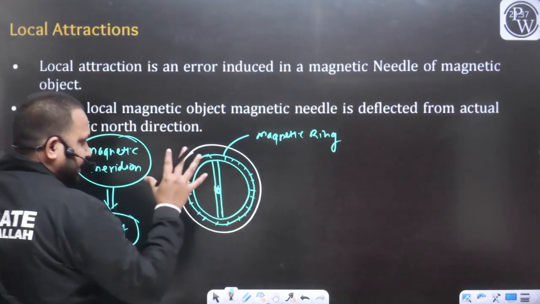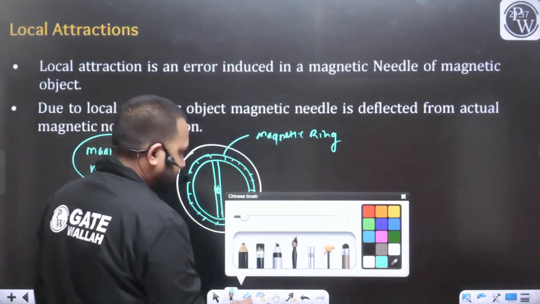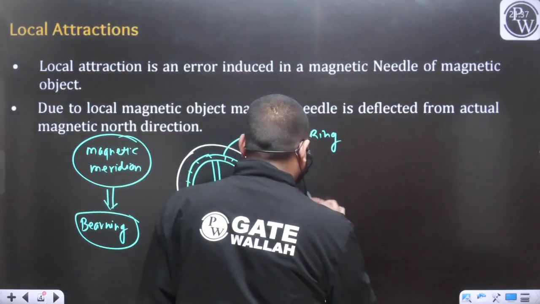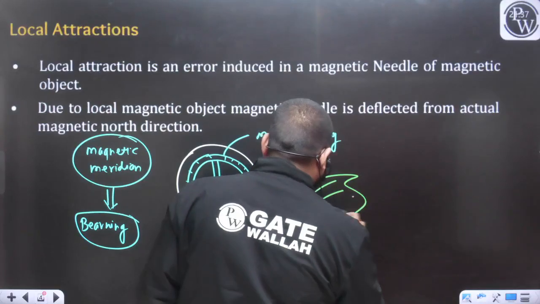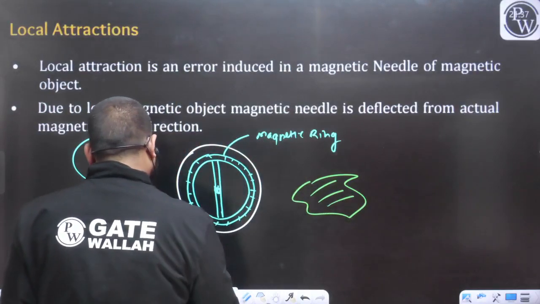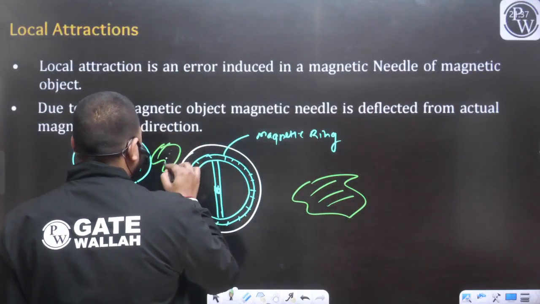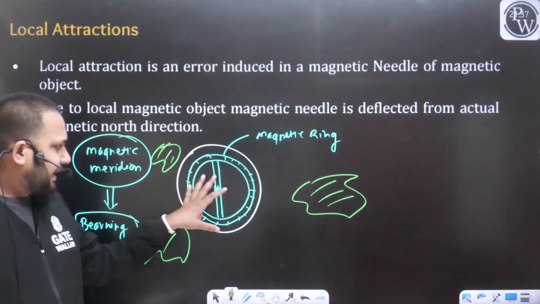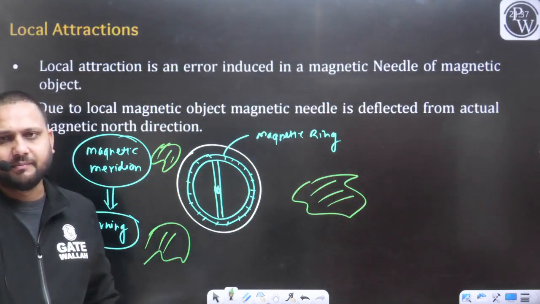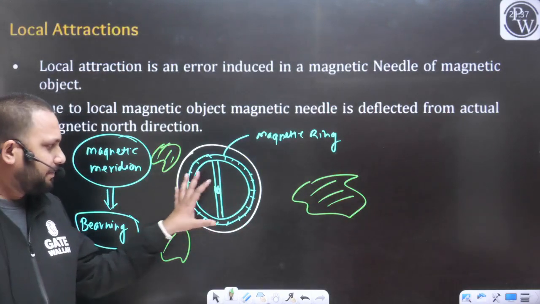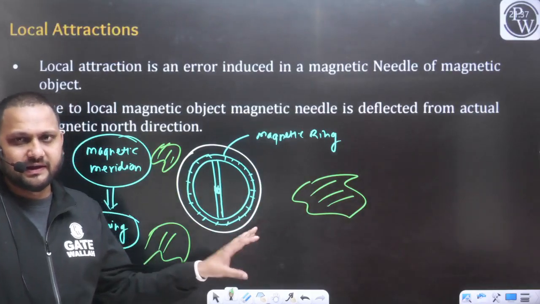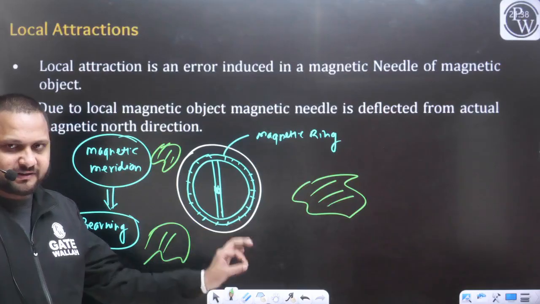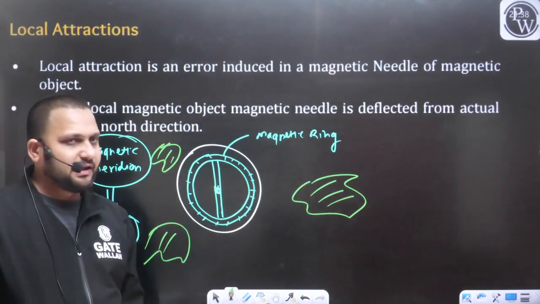If there is any object that possesses magnetic characteristics, and that object is near the compass, if there is any object that is locally available nearby the compass, can I say it will disturb this magnetic needle or ring?